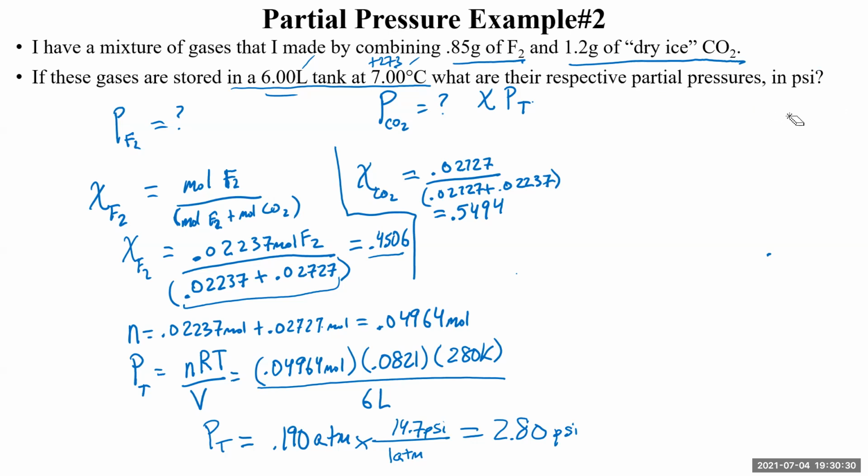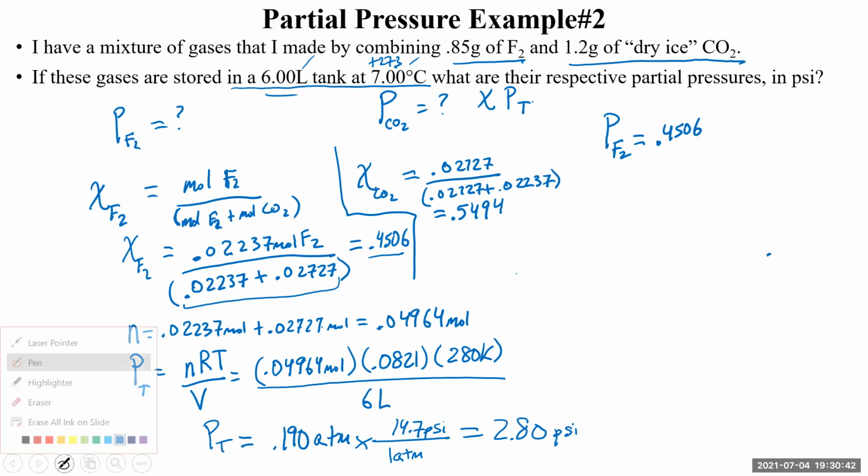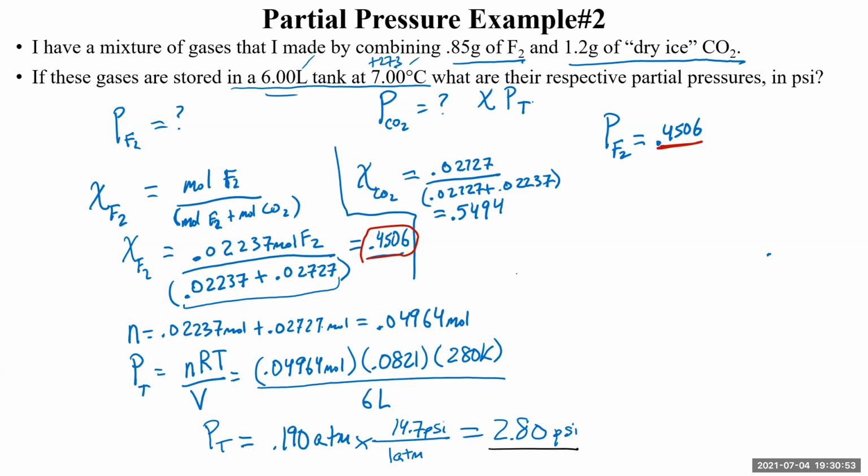Okay, so let's figure out the partial pressure of fluorine. Partial pressure of fluorine is going to equal our mole fraction of fluorine, which was 0.4506. And just in case you have trouble seeing that on the page, that's right over here. 0.4506 multiplied by our PT of 2.8 PSI.